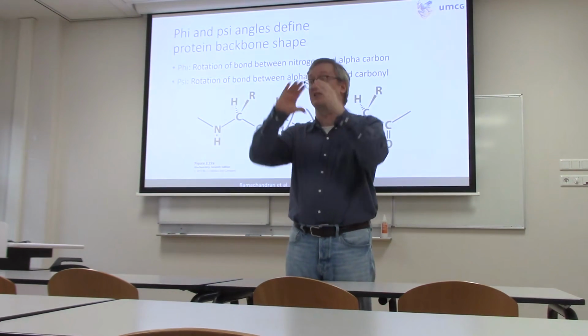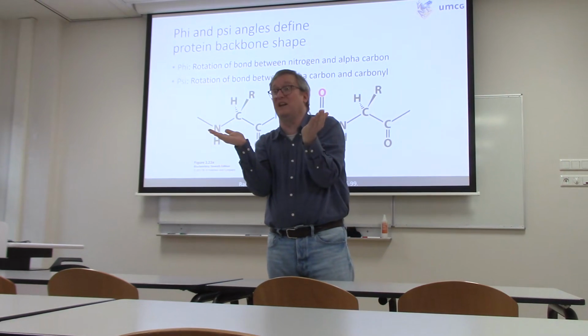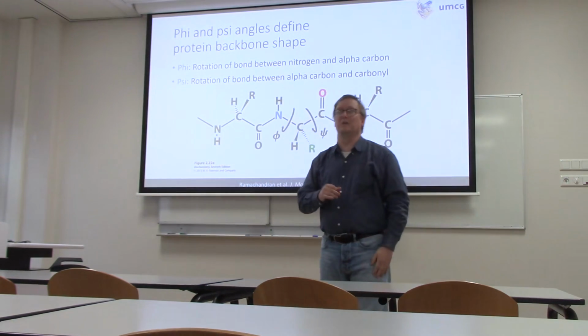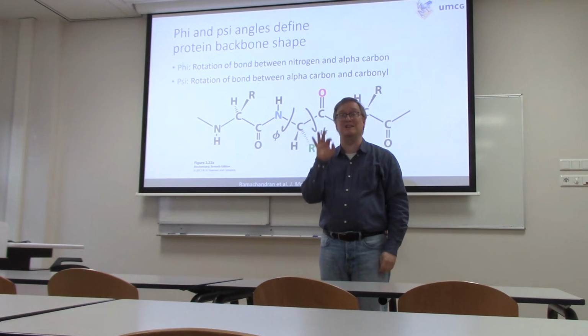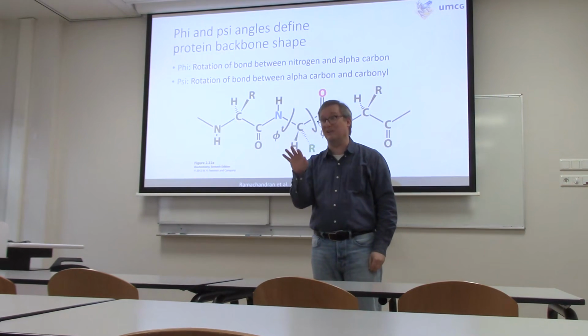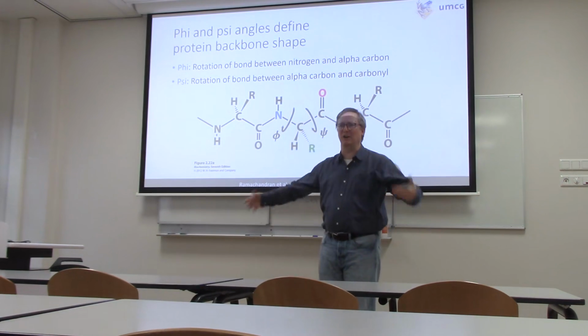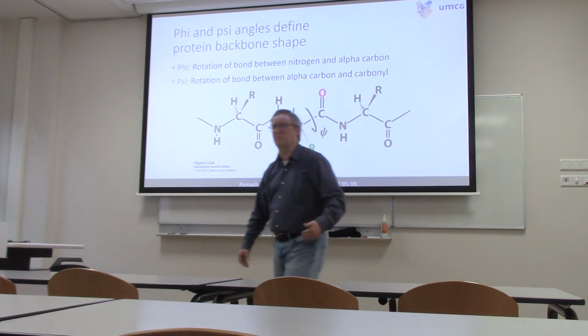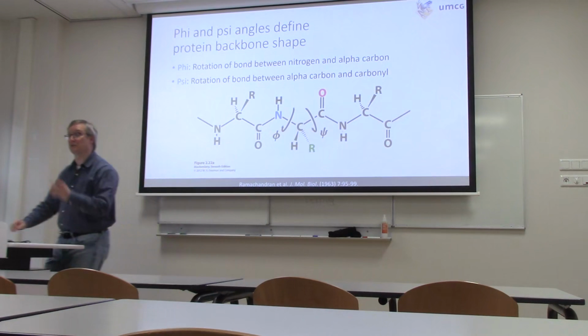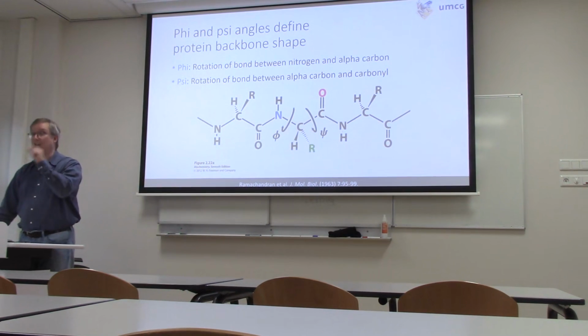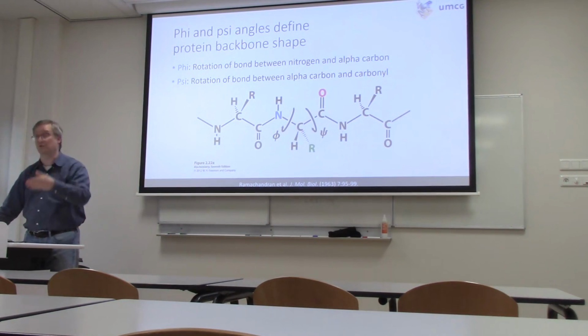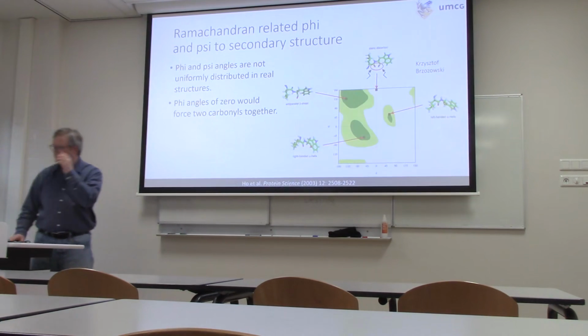So, because there's a ring there, it obviously can't spin. Okay? So, this is one of the reasons why proline is always going to be a special character in the world of protein structure. If you remember your biochemistry, it's a funky thing. So proline has a lot of weird characteristics that make it kind of a standout in protein structures.